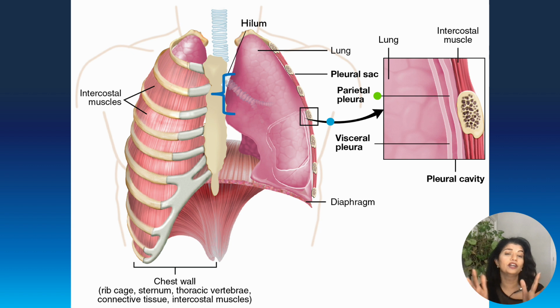Okay, so what do pleurae do? Well, first of all, they have the cavity that's in between these two spaces. That's called the pleural cavity. And these two serous membranes perform two major functions. First of all, they produce pleural fluid and create this sort of separation between the major organs, right?